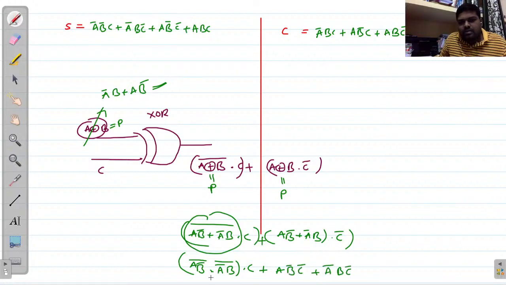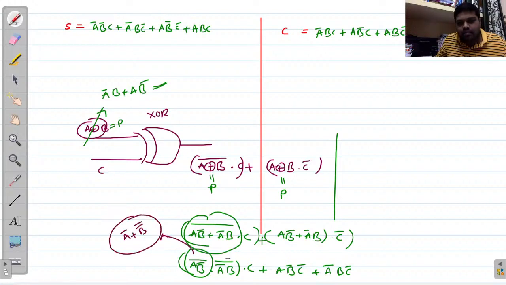Now you can simplify further. This entire thing should be considered like A bar plus B bar whole bar, based on the complementary theorem. And for this entire thing, A bar whole bar plus B bar. If you simplify further, you will get A bar plus B into A plus B bar.